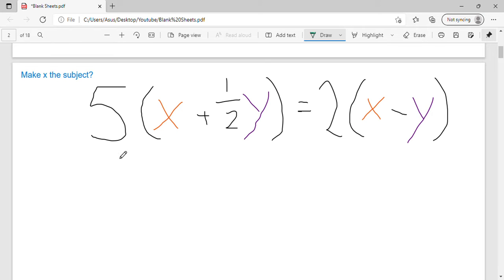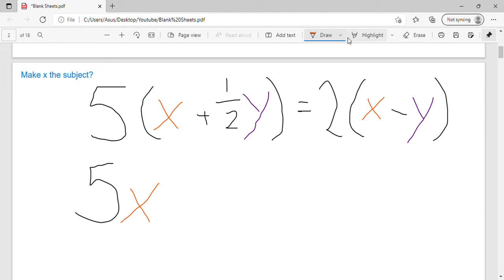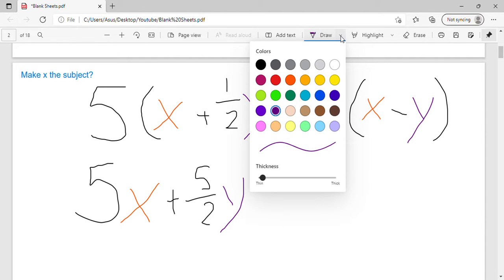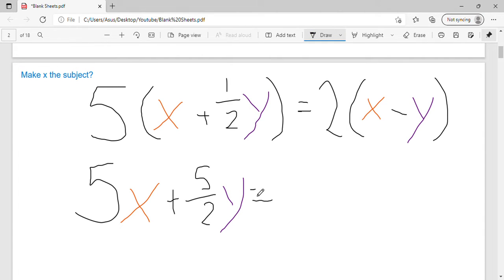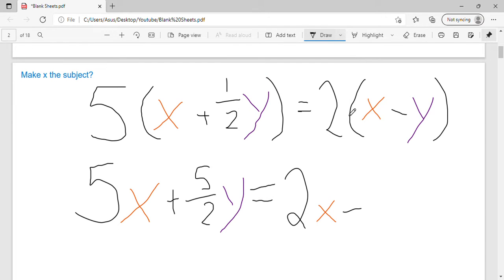So what we can do here, multiply out the 5 first, so that gives us 5x plus, so 5 goes on the top of this fraction here, 5 over 2 y, equals, multiply this one out, a little bit easier, 2x minus 2y.